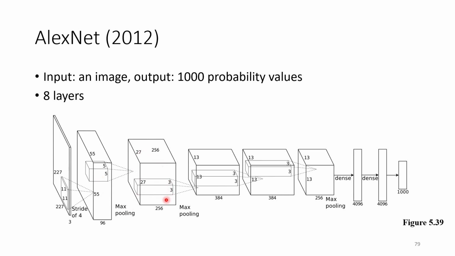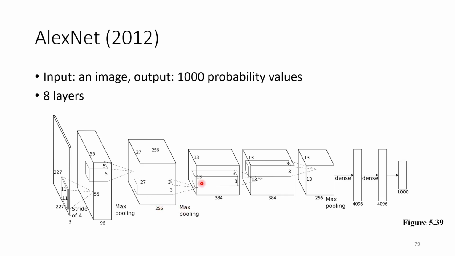This is the first layer, max pooling reduces the resolution, and something is slightly different. There should be a convolution, but I don't know, it is not shown in this figure. Maybe they combined it together.